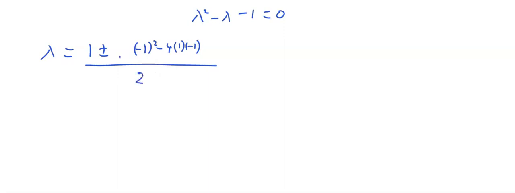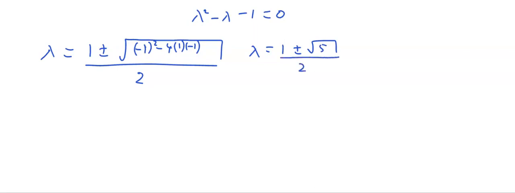And so we now use the quadratic formula on this. Lambda equals 1 plus or minus the square root of (1 squared minus 4 times 1 times minus 1) all over 2. So that lambda equals 1 plus or minus the square root of 5 over 2.